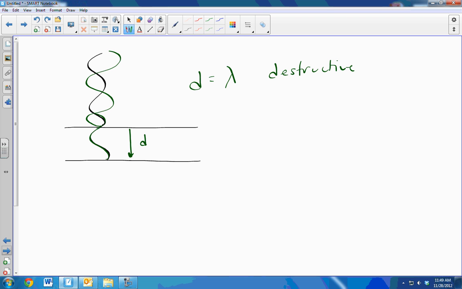One half a lambda. So it's half of a wavelength, because it's traveling there and back, then you get destructive interference. If d is a full wavelength, or any multiple of a full wavelength, then you'll get constructive interference.